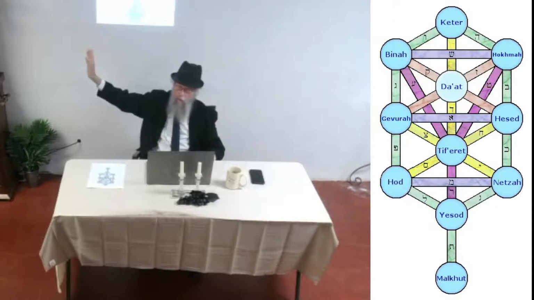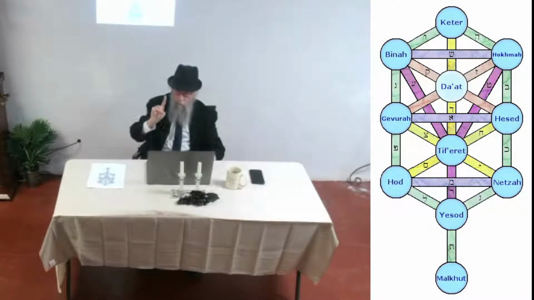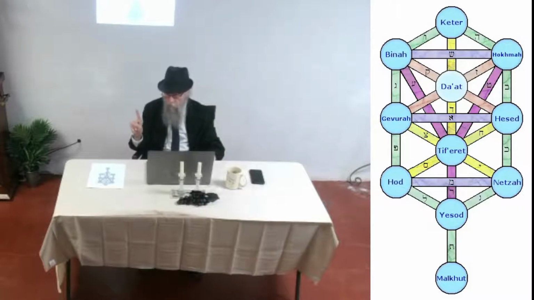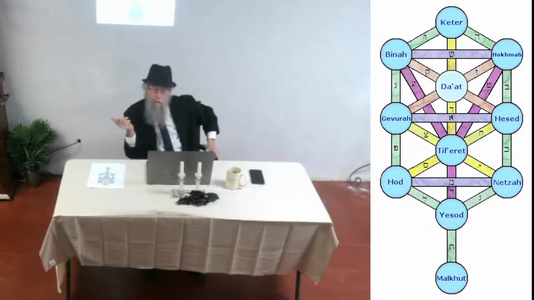Point: they never eat of the tree of life. They never do. And there's a reason why. I'll go ahead and tell you. Why do they never eat of the tree of life?